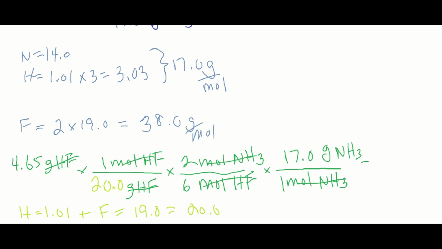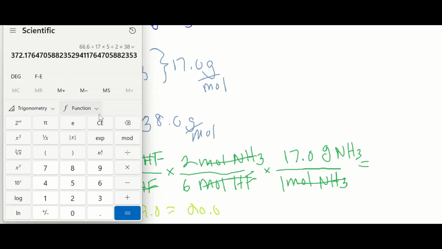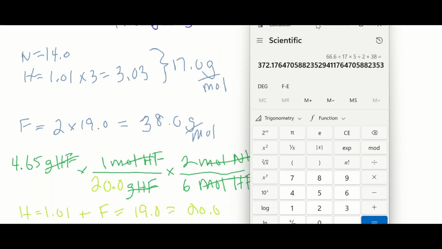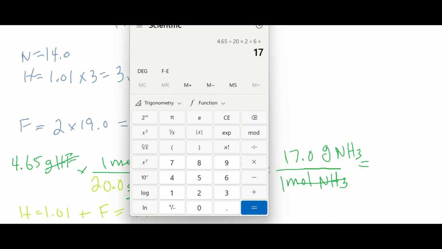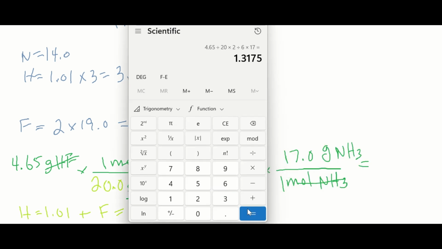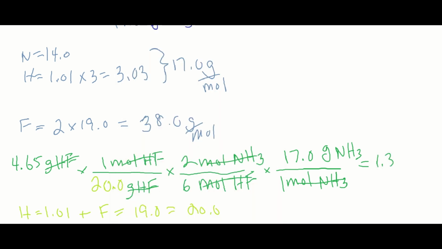Cancel, cancel, calculator. 4.65 divided by 20 times 2 divided by 6 times 17. That's it. 3 significant figures, 1.32 grams of ammonia.